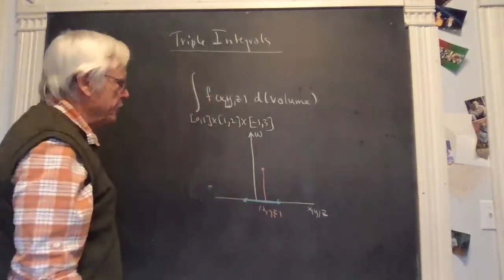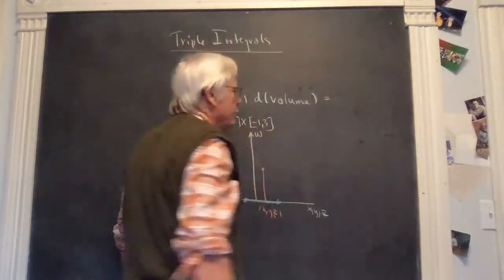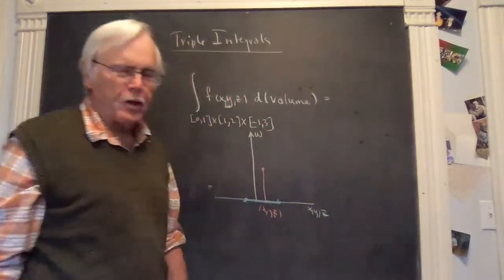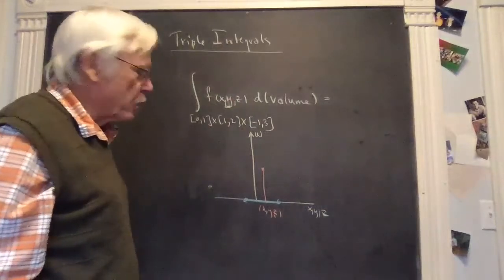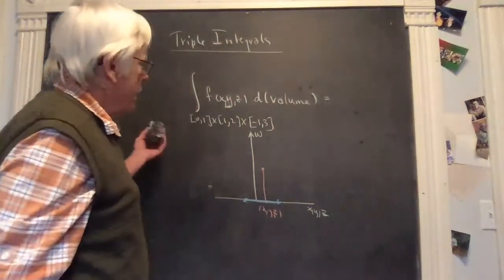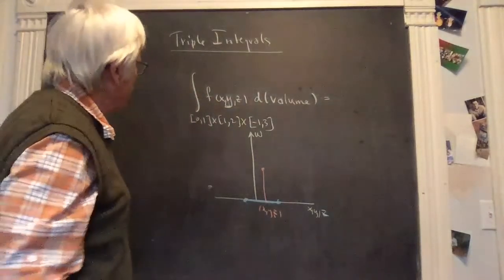This is measured in four-dimensional measure. So this will be the four-dimensional hypervolume of the region under the graph, which is a real four-dimensional region. So the idea of this, or higher dimensions, is exactly the same.